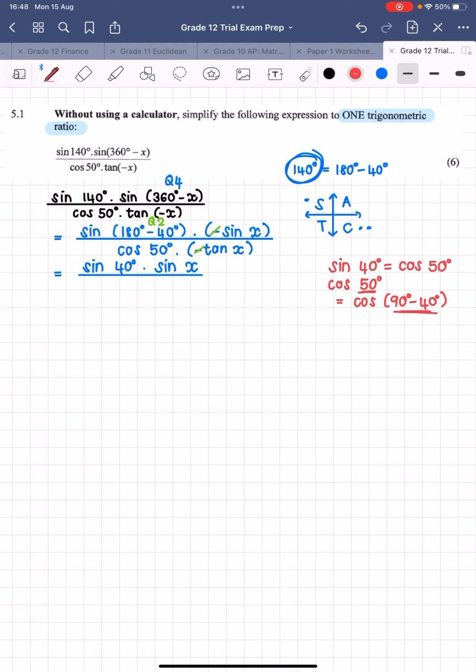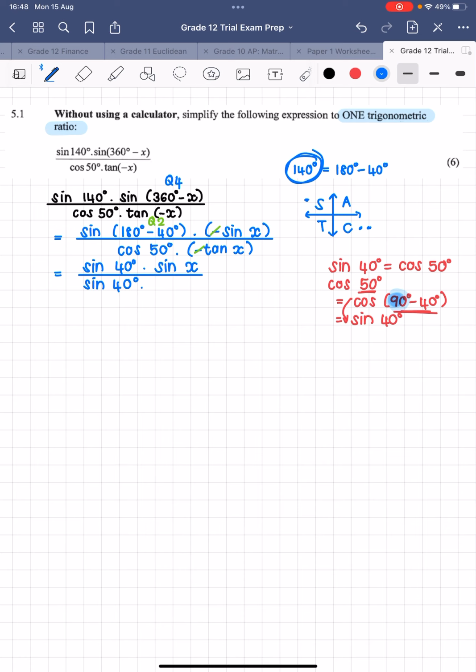So when we have a 90 minus, we remember our co-ratios. If I now want to use a reduction formula here, whenever you have 90 minus or 90 plus, you have to change your cos to a sine like I did here. So cos 50 is in fact equal to sine of 40.